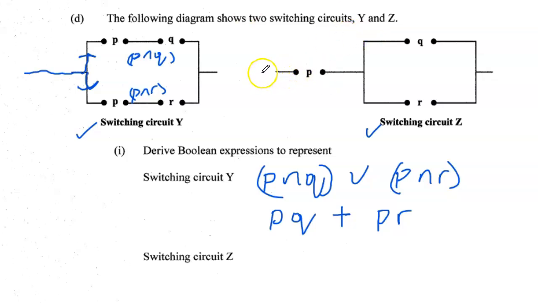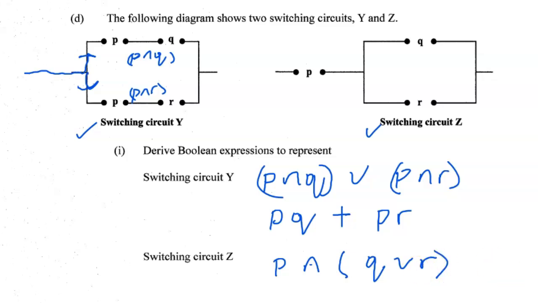So we can go to P, and of course, we can go either direction. We can go up to Q, or we can go down to R.